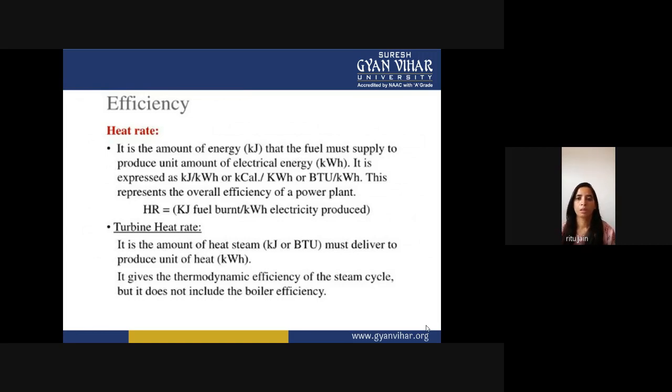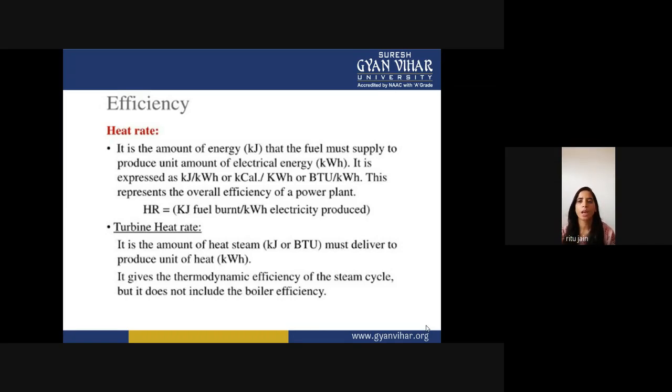Hope you can understand. Suppose the amount of energy is in kilojoule, and from that amount of energy you are getting 1 kilowatt hour, 1 unit. If you are getting 2 kilowatt hour, it means 2 units. So from this amount of energy you are getting this number of units; that is your heat rate.